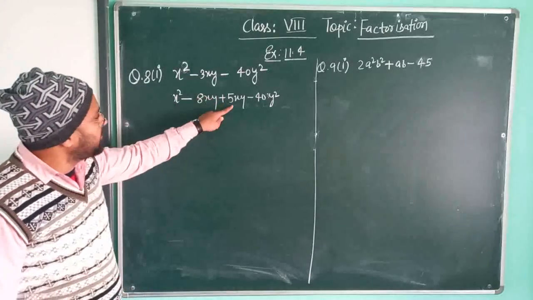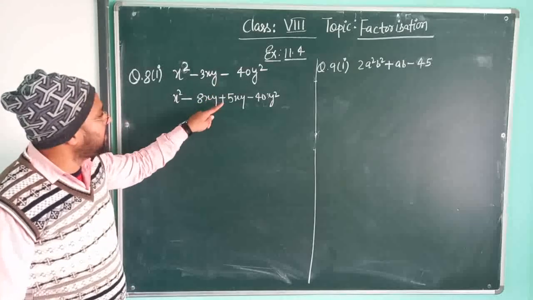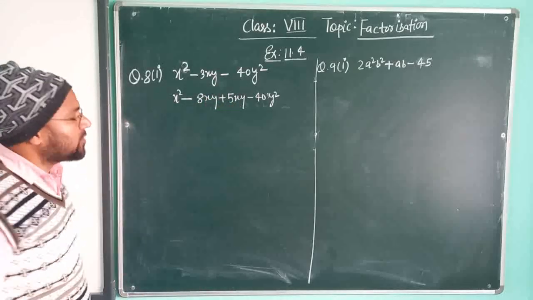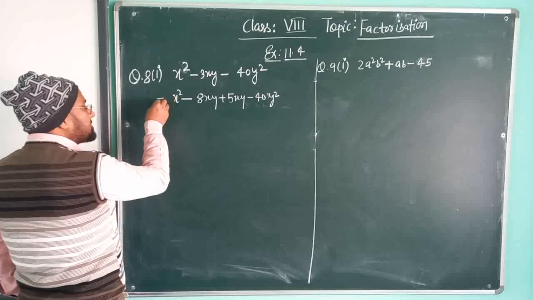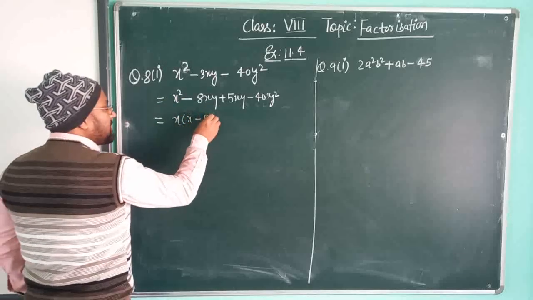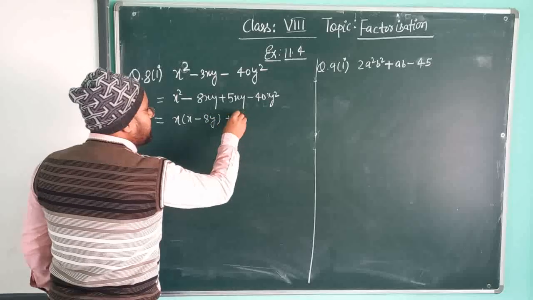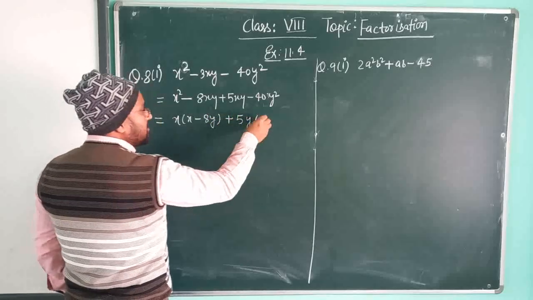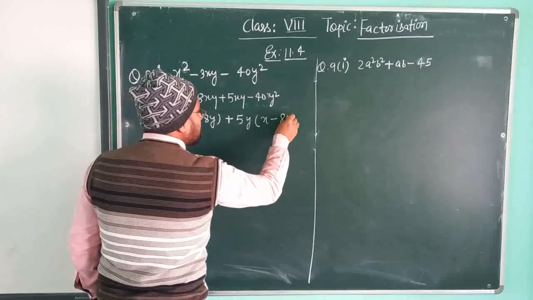Minus 8 multiplied by 5 is minus 40, and xy multiplied by xy gives x²y². Now take x common in the first two terms: x(x minus 8y), and plus 5y common in the rest.